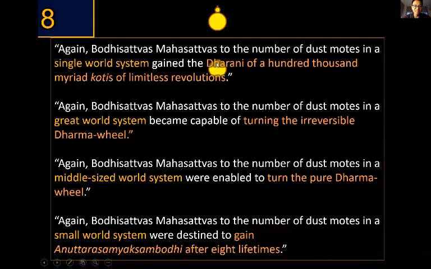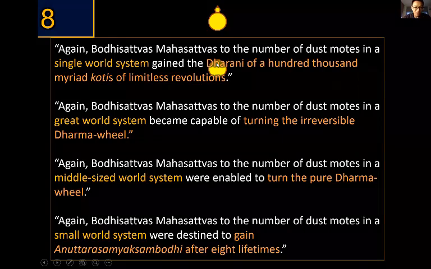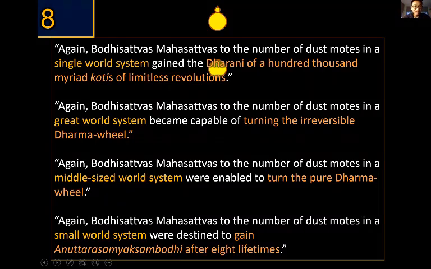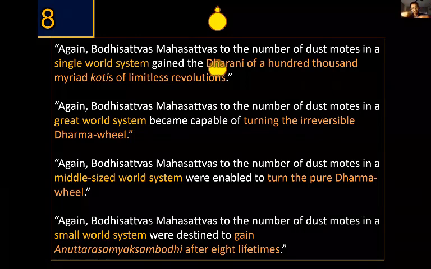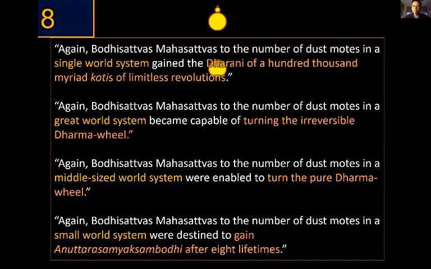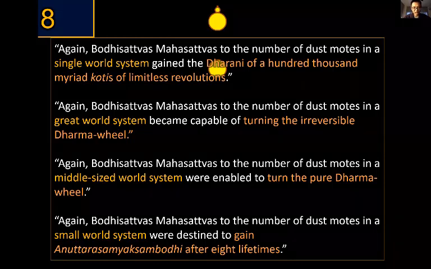we go on to the next few lines where it talks about this one single world system that gained the dharani of 100,000 myriads of limitless revolutions, this turning of dharani. My understanding is this turning is how we could preach or share the same idea in many different ways.